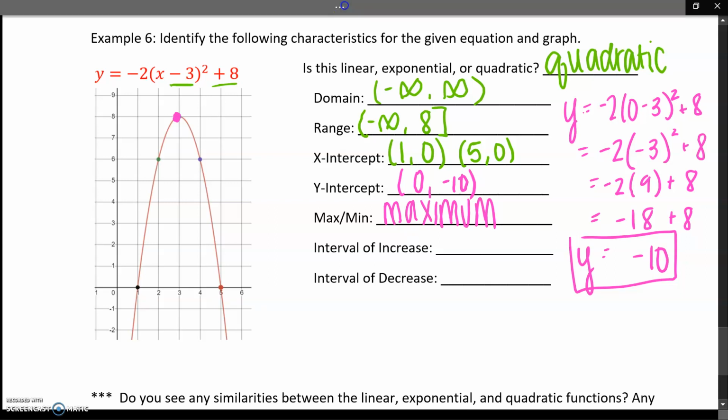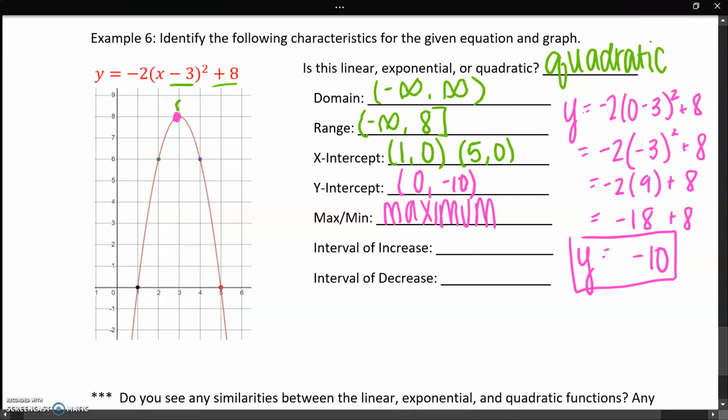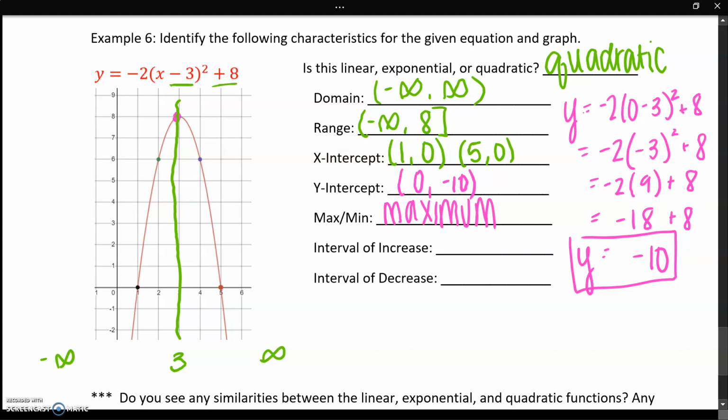And now for increase and decrease. I sometimes determine increase and decrease this way as well. So I'll draw a straight line as best as I can through my x-axis, and that's going to be at 3. We know as I follow my x-axis to the right, I'm going to approach infinity, and as I follow it to the left, I'll approach -infinity.